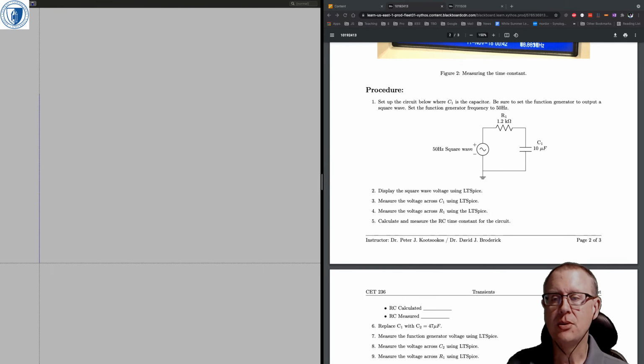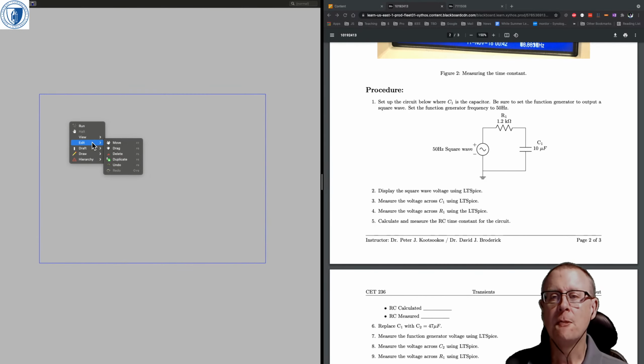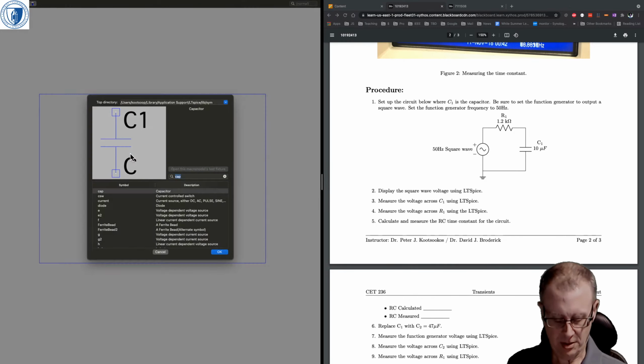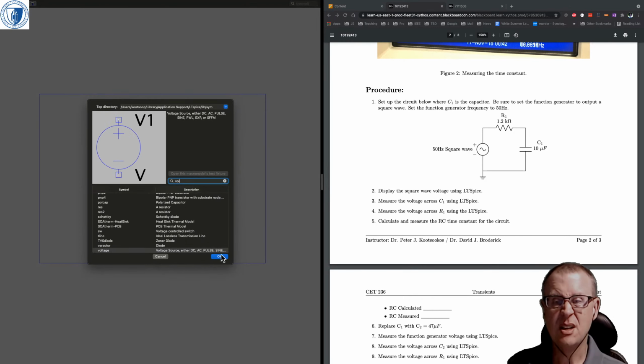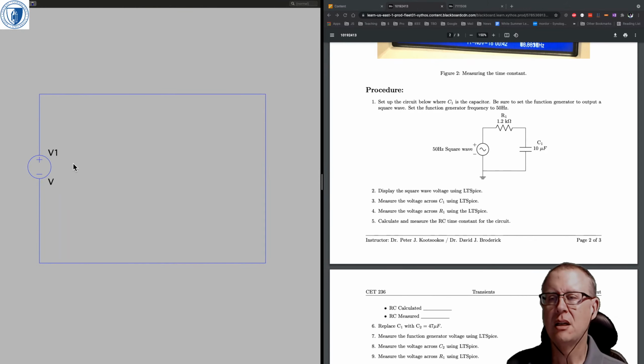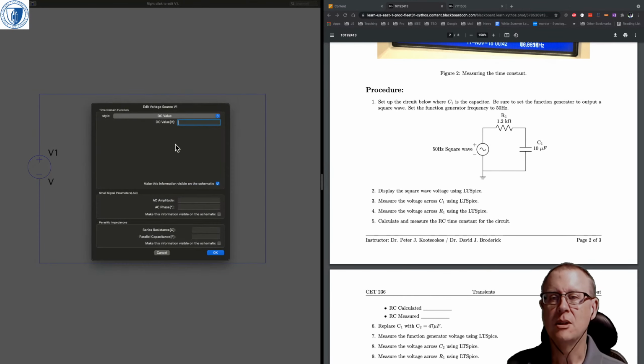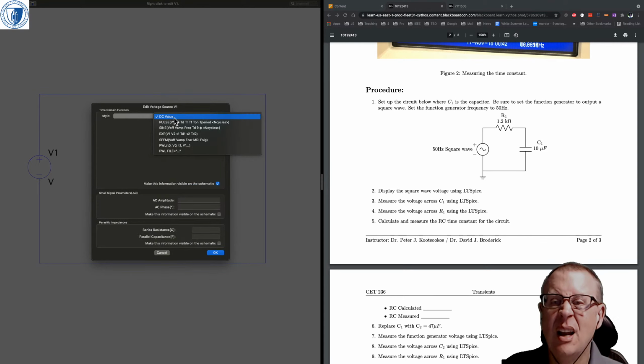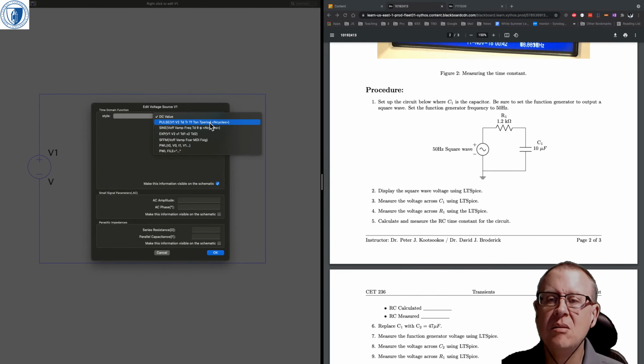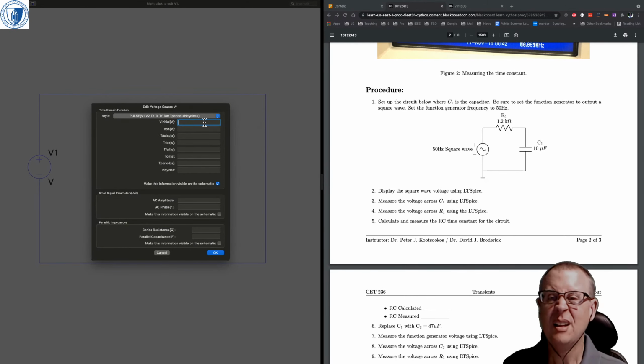So let's draw the circuit, and I'm going to draw the outline like I usually do, and then I'm going to have a voltage source, and we'll go advanced, and we'll go, I think pulse is the right one.